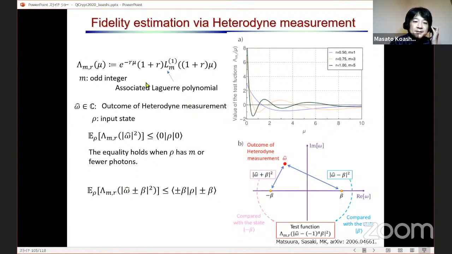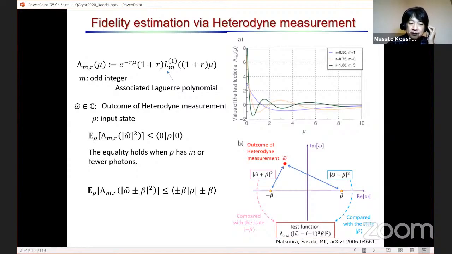The trick is here. Assume this function, function mu, which is composed of associated Laguerre polynomials like this. If you plot this function, which depends on parameters m and r, it looks like this. Then we can prove the following. Suppose that omega here is the outcome of the heterodyne measurement, some complex number.